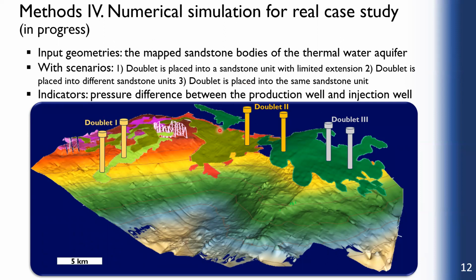Second one is the doublet placed into different sandstone unit with significant extension. And the third one is the doublet when it's placed into the same sandstone unit with significant extension. And the indicator could be the pressure difference between the production and the injection well, and also the pressure at the injection and production point itself.